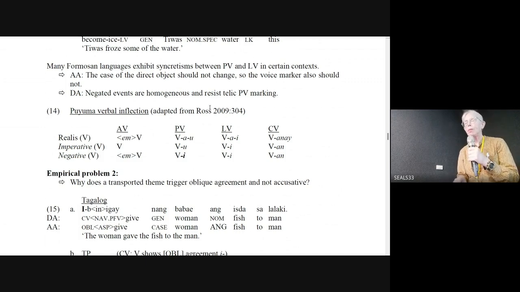But this is not a problem for my analysis because the PV marker is the head of the inner aspect and marks telic events with affected objects. But negated events are homogeneous and therefore unbounded. So they resist this kind of telic marking by PV.